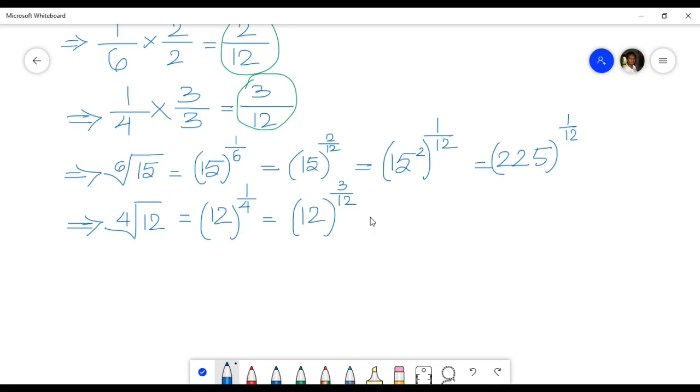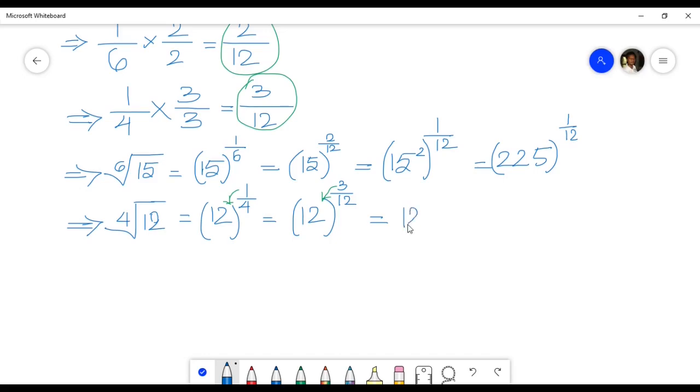That is equal to, now you remember, 3 is the exponent of 12, just like 1 is the exponent of 12, right? When there is no exponent, by default we take it as 1. So based on the question, there was no exponent for 12, so we took 1 as the exponent, which is written as the numerator of the fractional exponent.